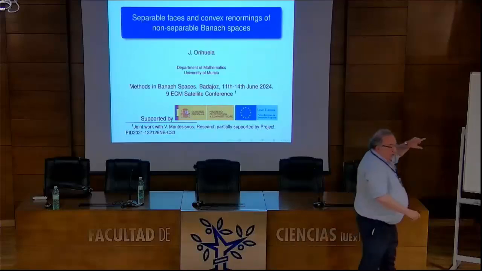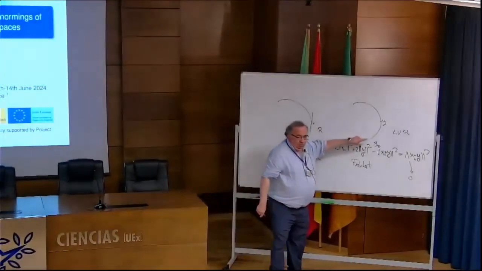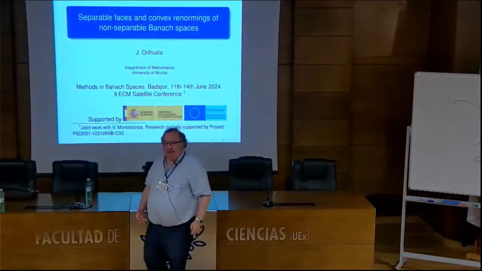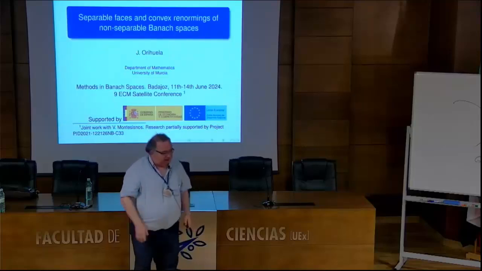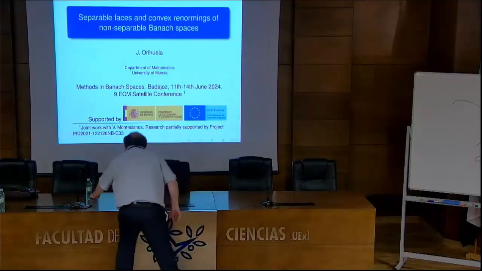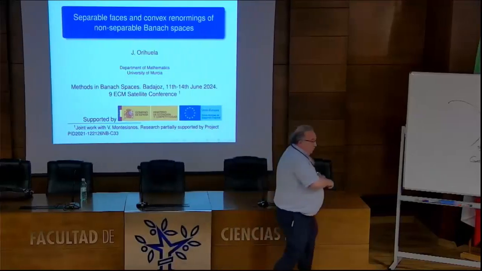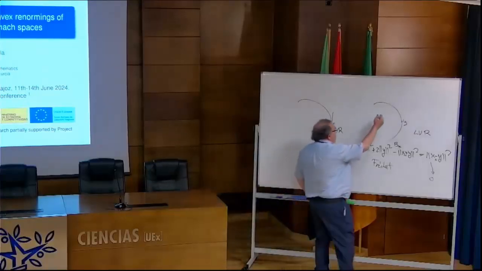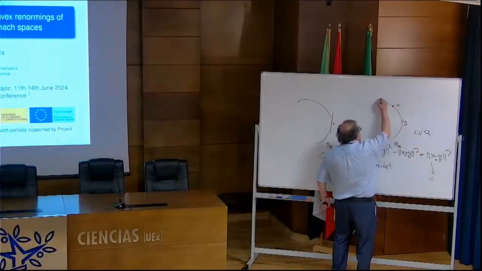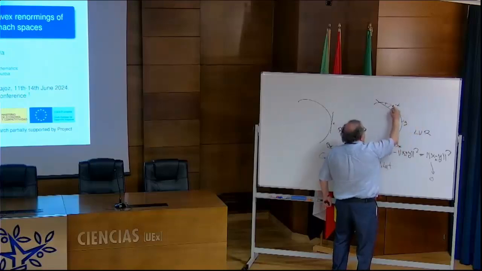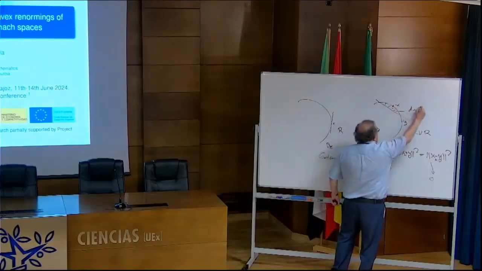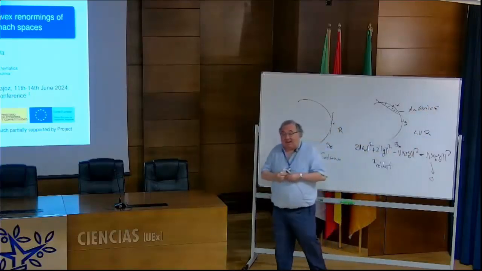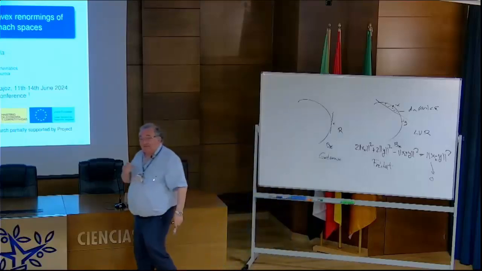What about locally uniformly rotund? The main concept in a LUR space, in a LUR norm, is the concept of dentability. You have slices of diameter less than epsilon.